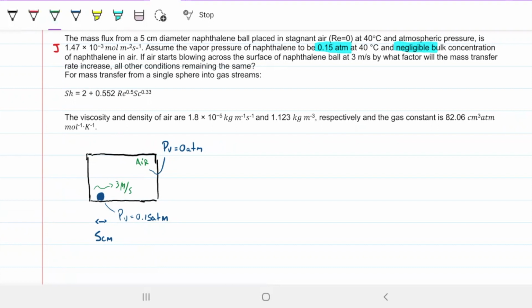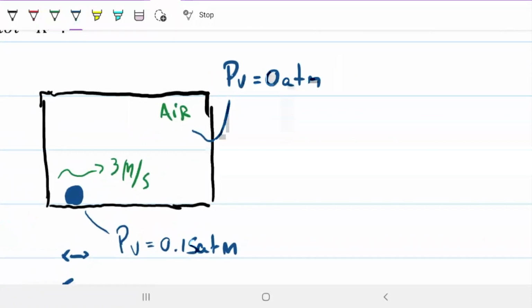So we would have a forced convection situation when the 3 meters per second starts to blow on top of that. Instead of relying on diffusion for the molecules to diffuse slowly and steadily throughout the whole room, if we have a molecule that has diffused already and is now airborne, the 3 meters per second air is going to blow it maybe over here.